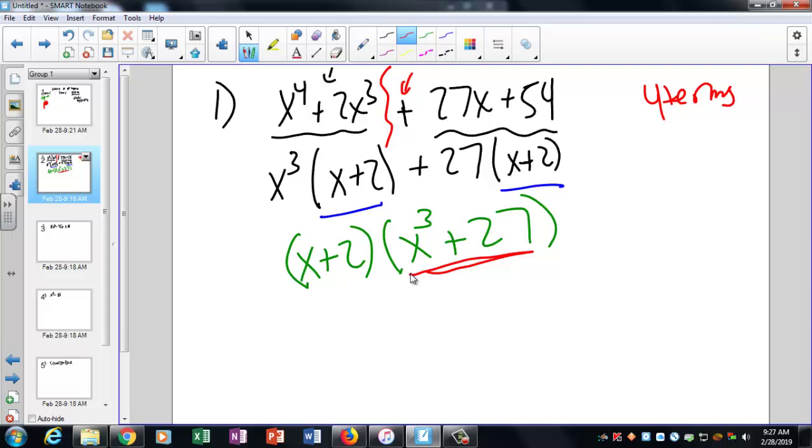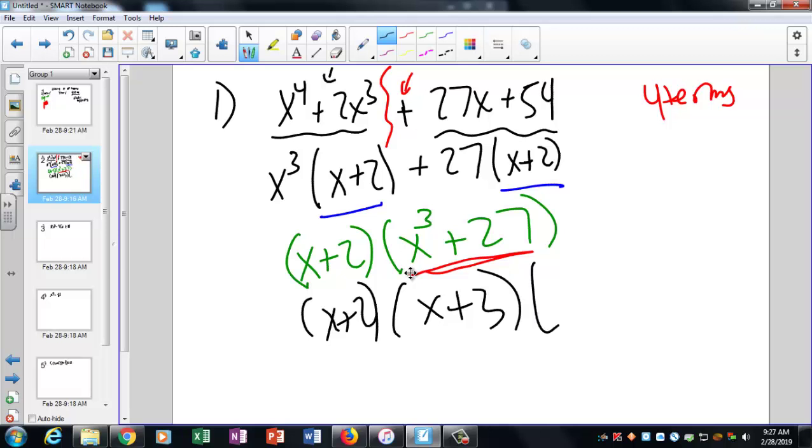This is the sum of 2 cubes, and therefore you have to continue this out. This piece stays the same, but then this piece becomes x plus 3, and then remember it's x times x is x squared, 3 times x is 3x, 3 times 3 is 9.